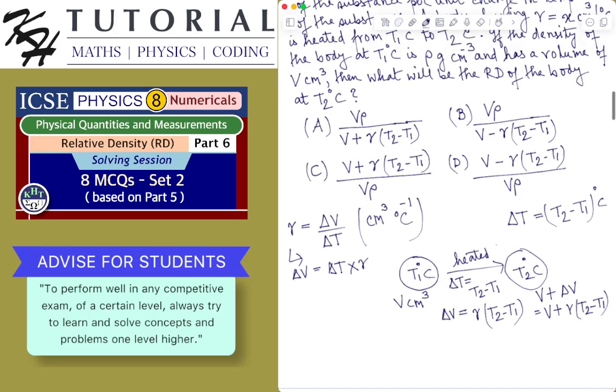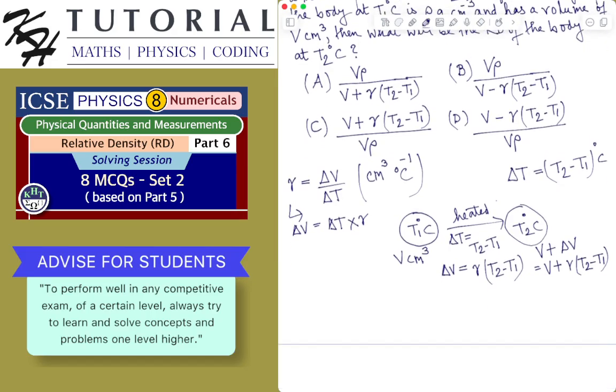Now the question has asked what will be the relative density of the body at T2 degree centigrade. To find the relative density, we obviously have to find the density of the body at T2 degree centigrade. At T1 degree centigrade, the density was given to be sigma gram per centimeter cube.